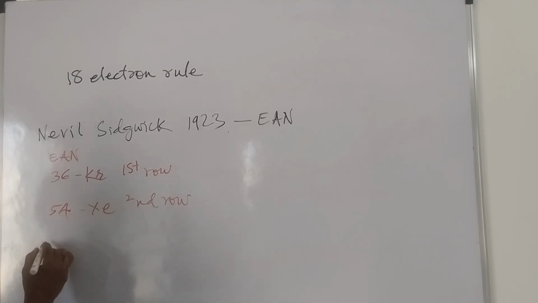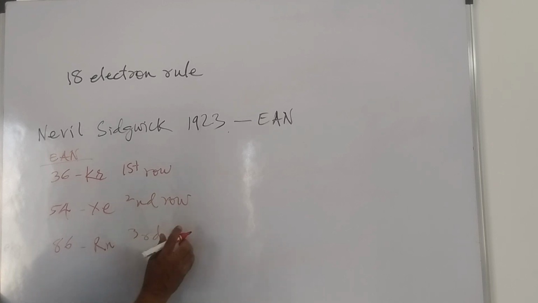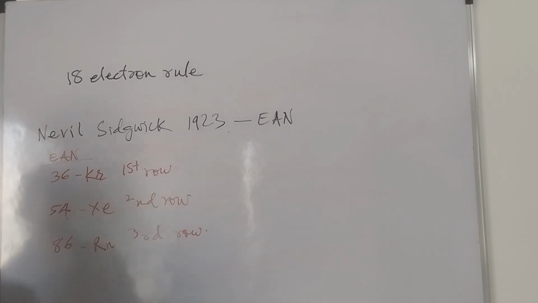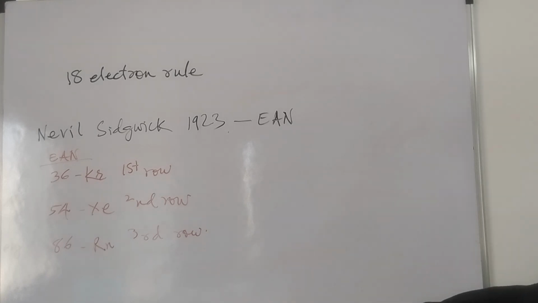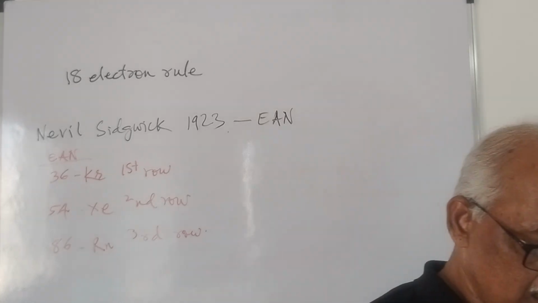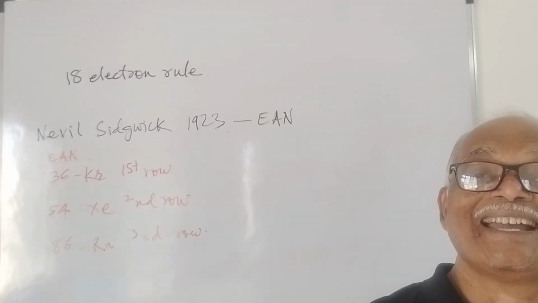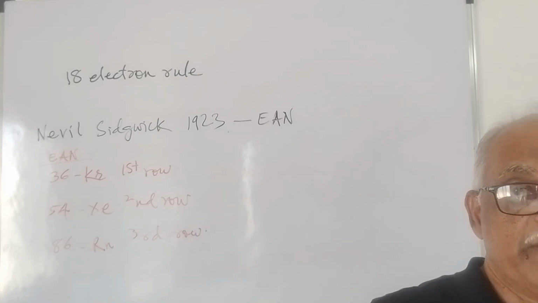And if the effective atomic number comes out to be 86 or near that, the element is radon, and it is the third row of transition elements. The 18 electron rule is found to be easily applied as a single numerical standard to the entire block of the transition elements.